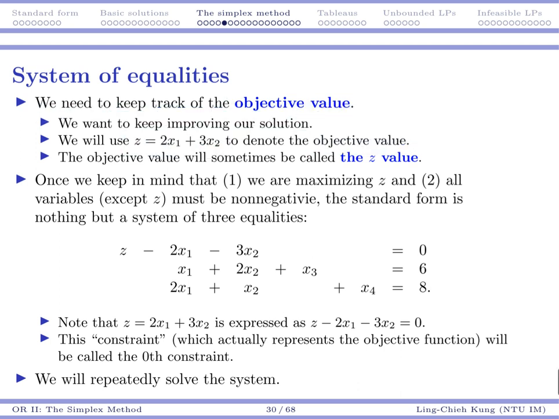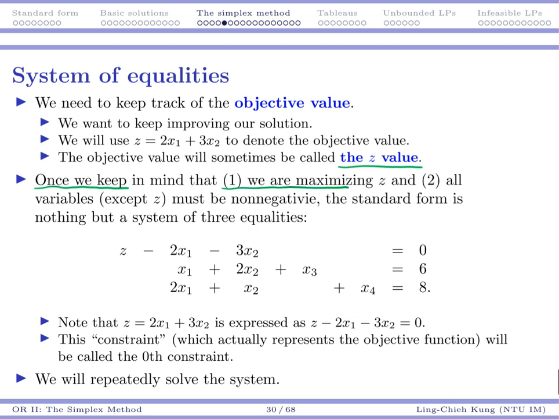And because this is so common, sometimes we just call it the z value in the field of operations research. So when we talk about linear programming, integer programming, whatever, the z value is typically used to denote the objective value. Okay, so one thing we want to do is that we want to keep track of this z value.